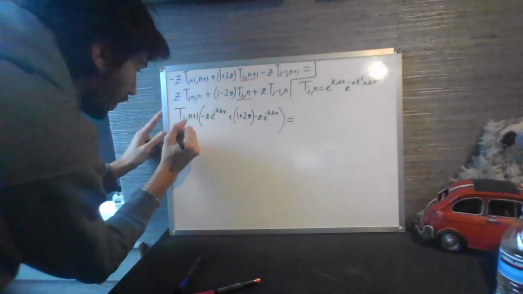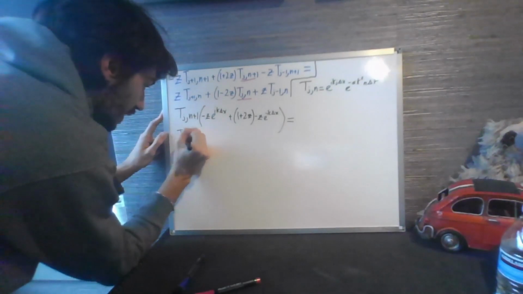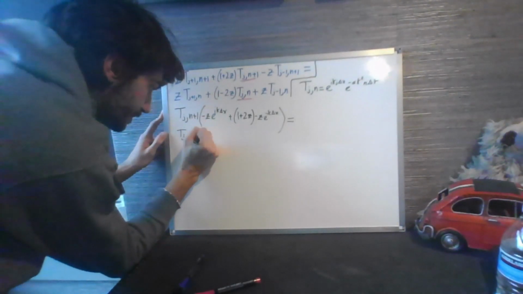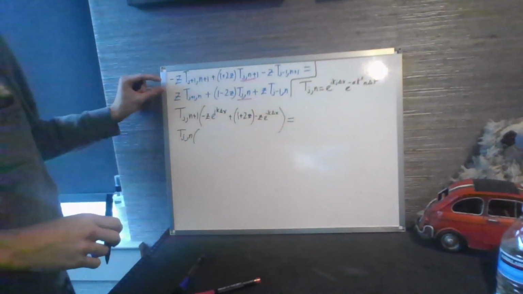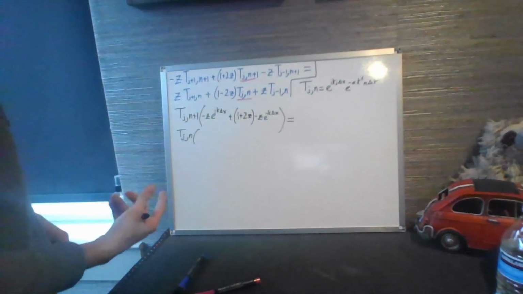Now it's time for our Tj at time interval n. If you may notice, these two are very similar, and of course we're going to have a very similar expression.